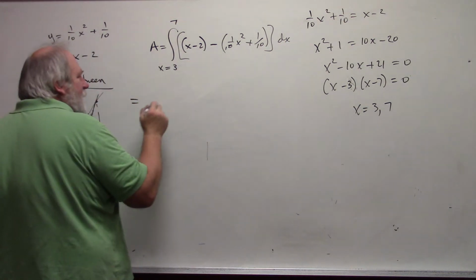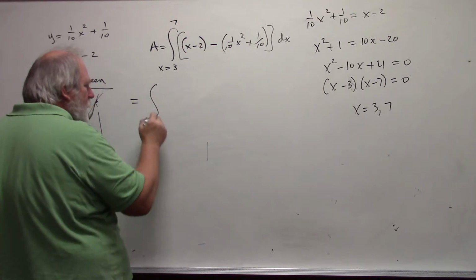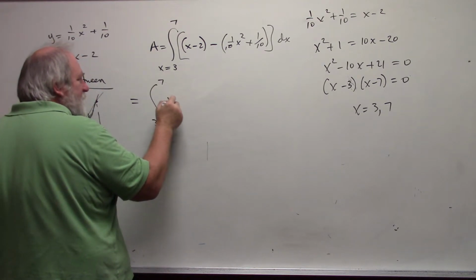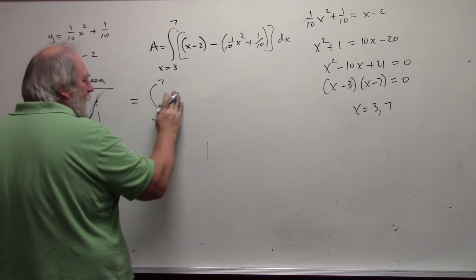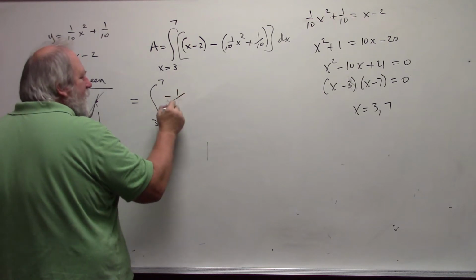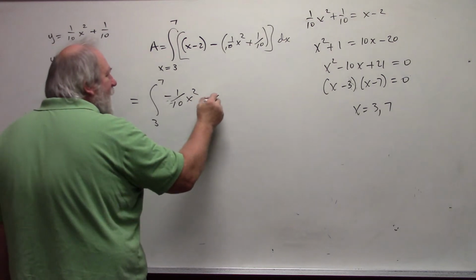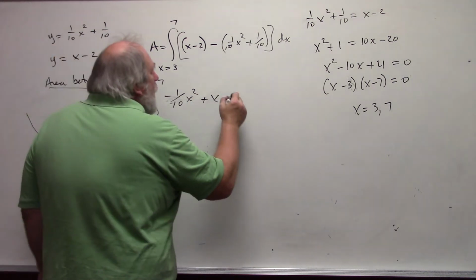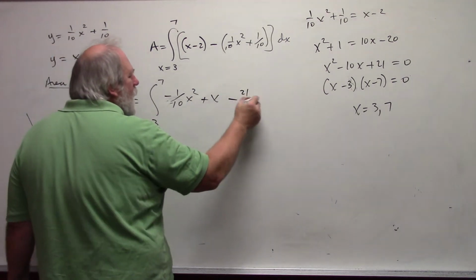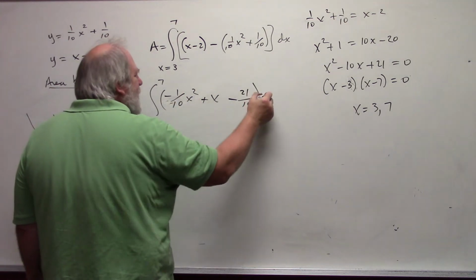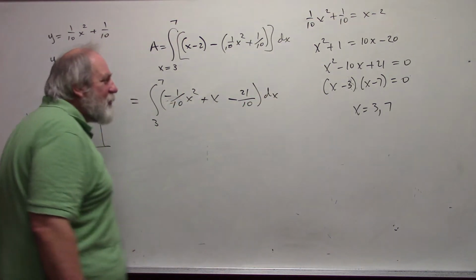I will take the antiderivative. But this becomes, well, let me do it this way. Negative 1/10 x squared, I get a plus x, minus 21/10. You have to leave the tenths. We're not solving an equation.